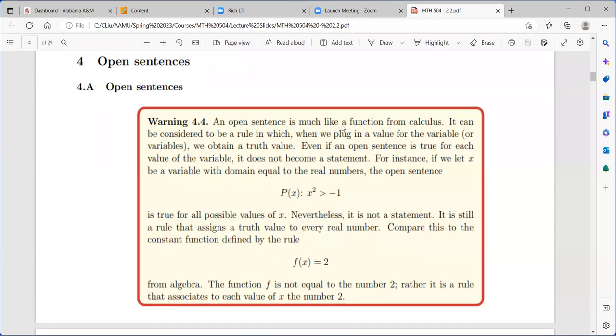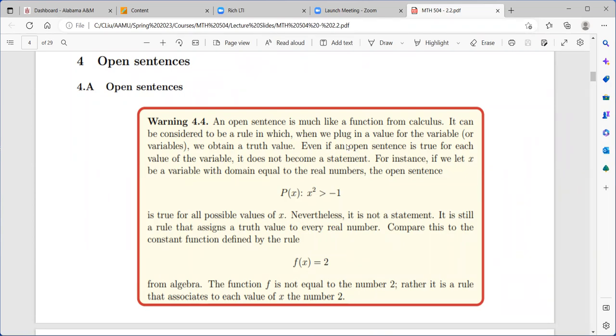So that's the only difference: instead of an actual value or number as in normal functions, you get the truth value in this case, but they're similar.